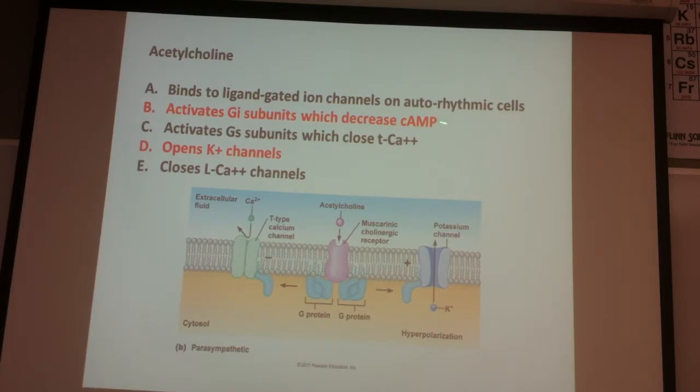It inhibits adenylyl cyclase and keeps the transient calcium channels closed. That's what the inhibitory one does. The excitatory one, the GS, opens the potassium channels. The receptor itself doesn't allow ions in or out. It's not an ion channel. It closes calcium channels and opens potassium channels through the G protein.